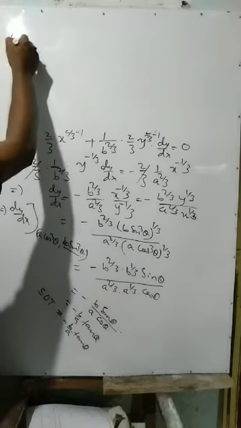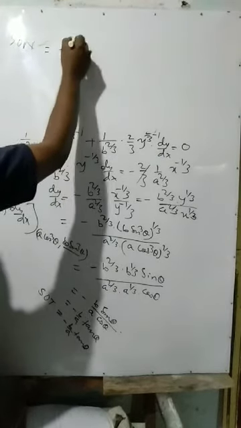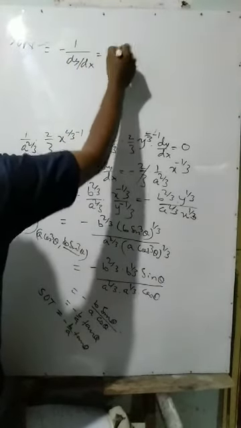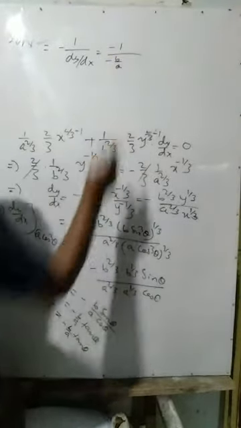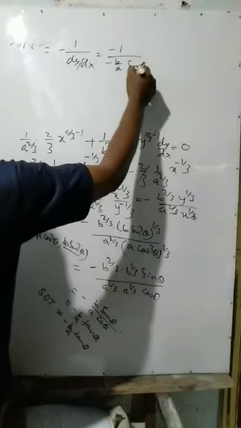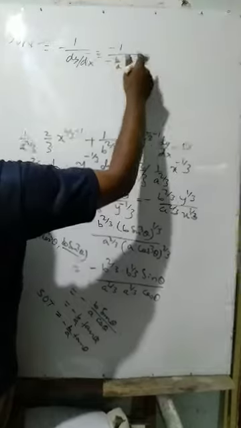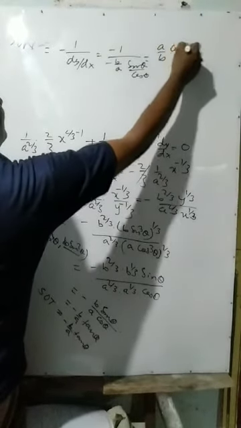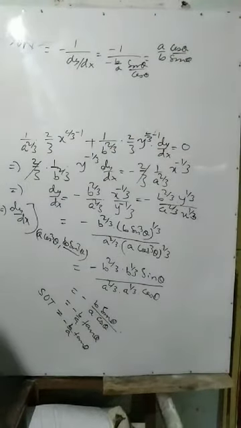Slope of the normal, SON, equal to minus 1 by dy by dx, that's minus 1 by dy by dx, equal to minus b by a sin theta by cos theta. You reciprocate them, minus minus plus, here a cos theta, a by b cos theta by sin theta. This is the slope of the normal.